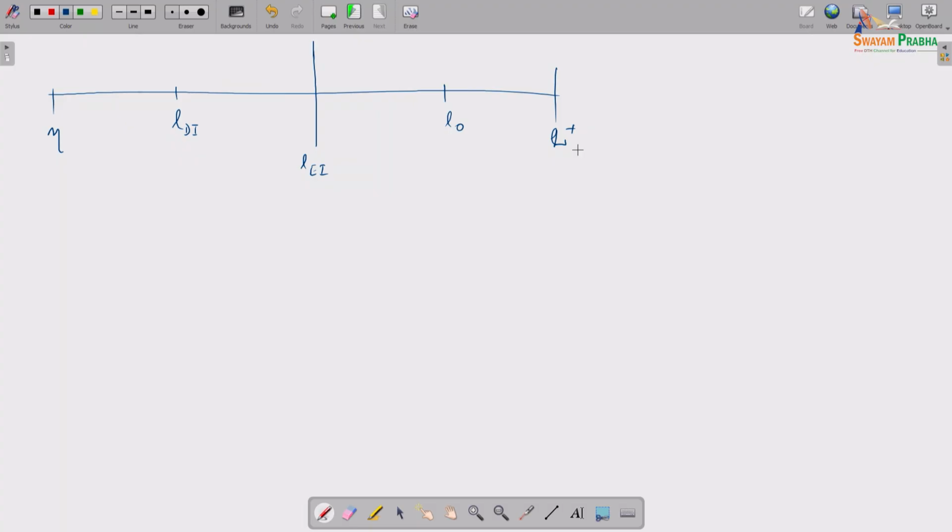L of EI is 1/6 of L naught, and L naught is the size of the largest eddy, right?